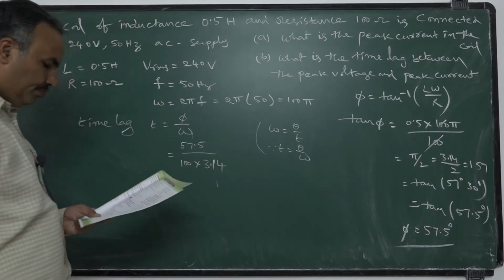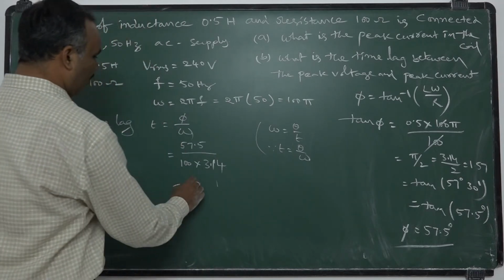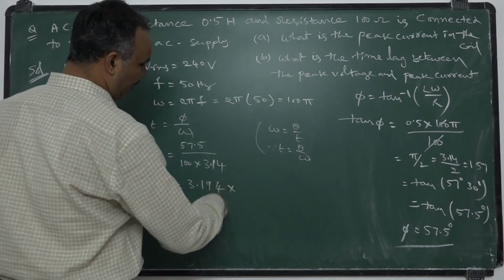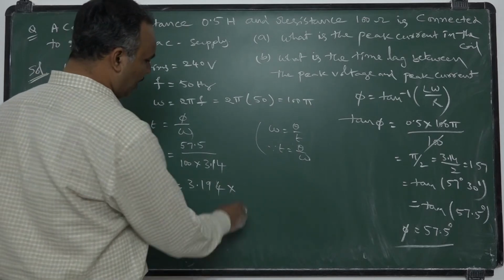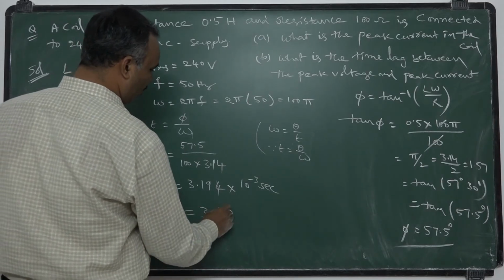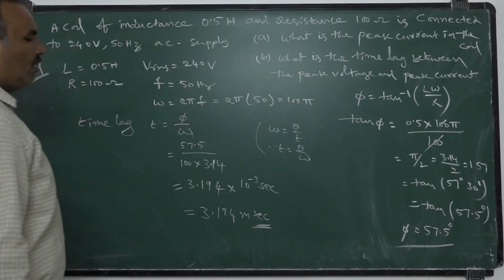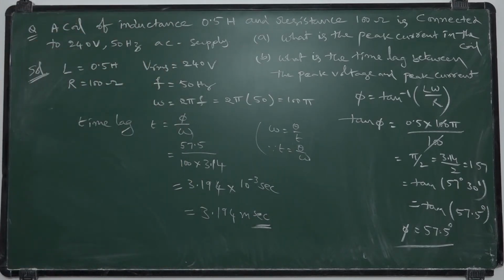So if you do this simplification, you will get 3.194 into 10 power minus 3 seconds, or you can write 3.194 milliseconds. 3.194 milliseconds is the time lag between voltage and current. So this is the solution for the given problem. I hope you followed this solution.